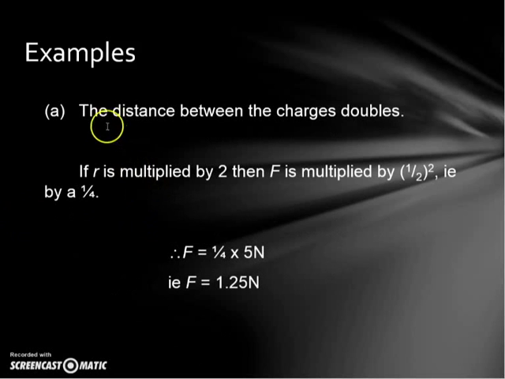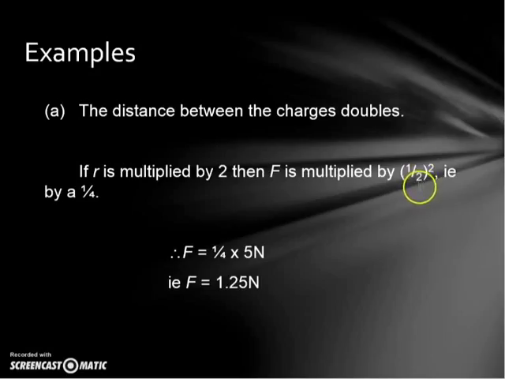The other one, if the distance between the charges doubled, so R is multiplied by 2, then F is multiplied by 1/2 squared. So we put it down the bottom. It's going to be 1 over, because remember R was on the bottom, Q1, Q2 over R squared.